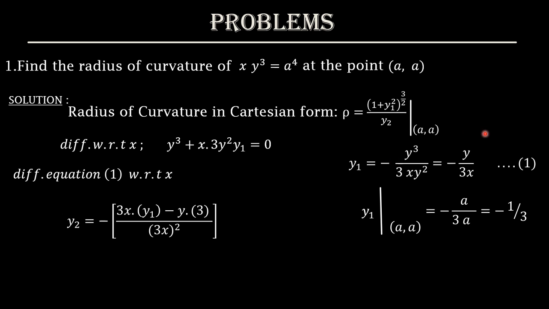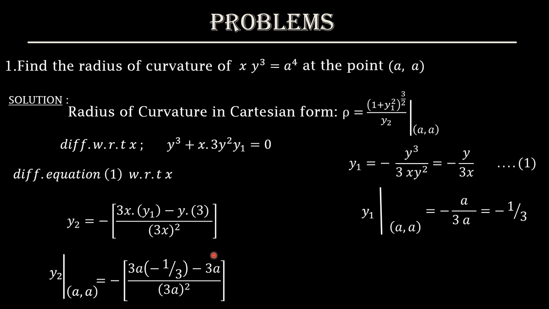Differentiation of y is nothing but y1, minus numerator into, that is y, into differentiation of the denominator with respect to x, which is nothing but 3, divided by denominator square, that is nothing but 3x whole square.